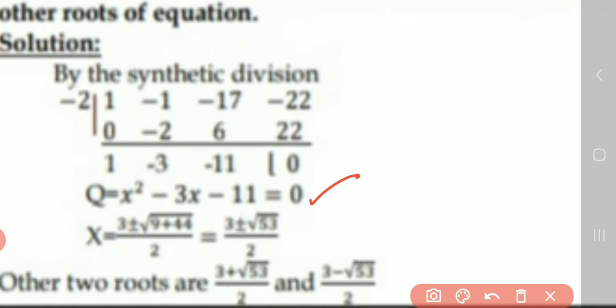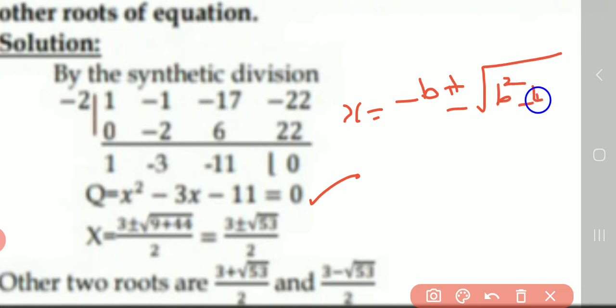Here I couldn't find the factors, so I want to use the formula for solving a quadratic equation: x = (−b ± √(b² − 4ac)) / 2a. We already learnt this in 10th standard.